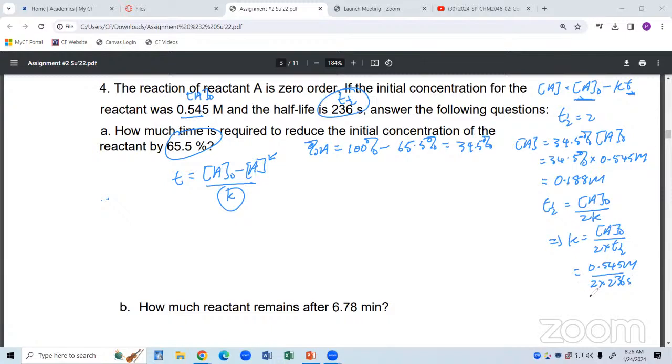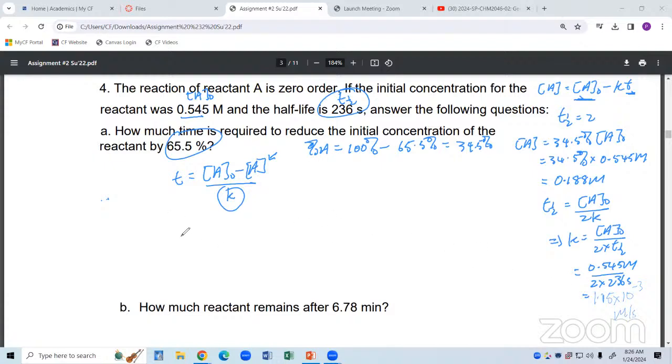And that would be equal to 0.545 divided by 2 times 236. Okay, so according to my calculations, the k for this problem, rounded to 3 sig figs, would be 1.15 times 10 to the minus 3, and the units will be M over s.